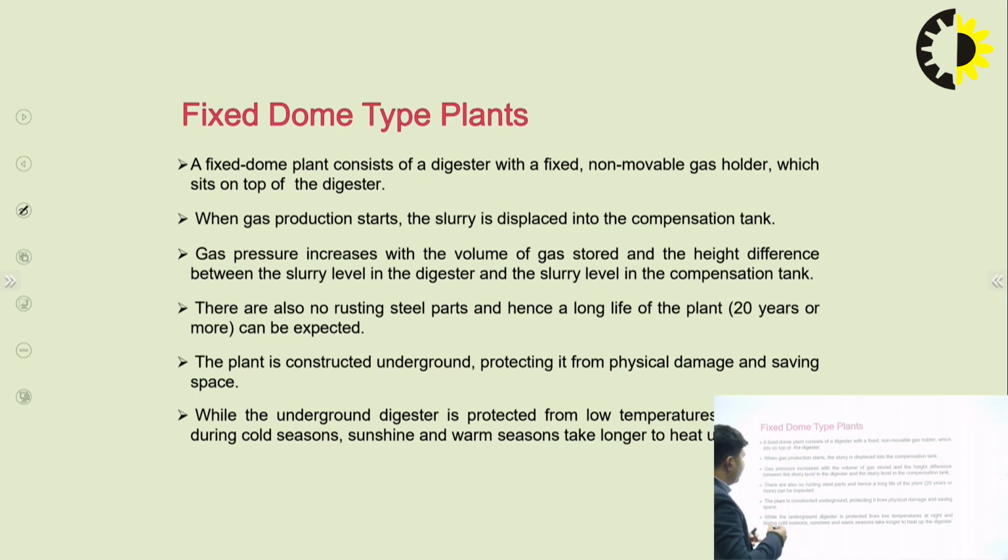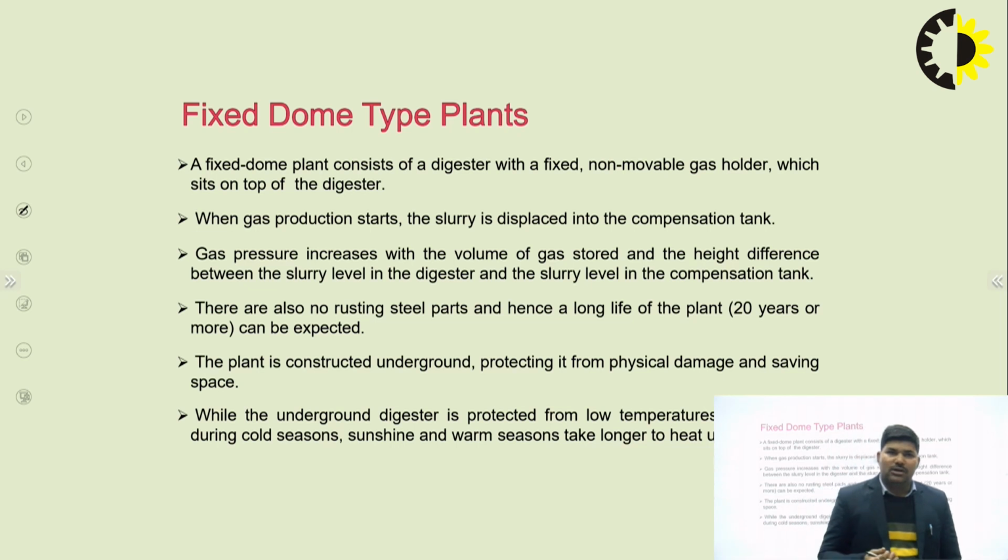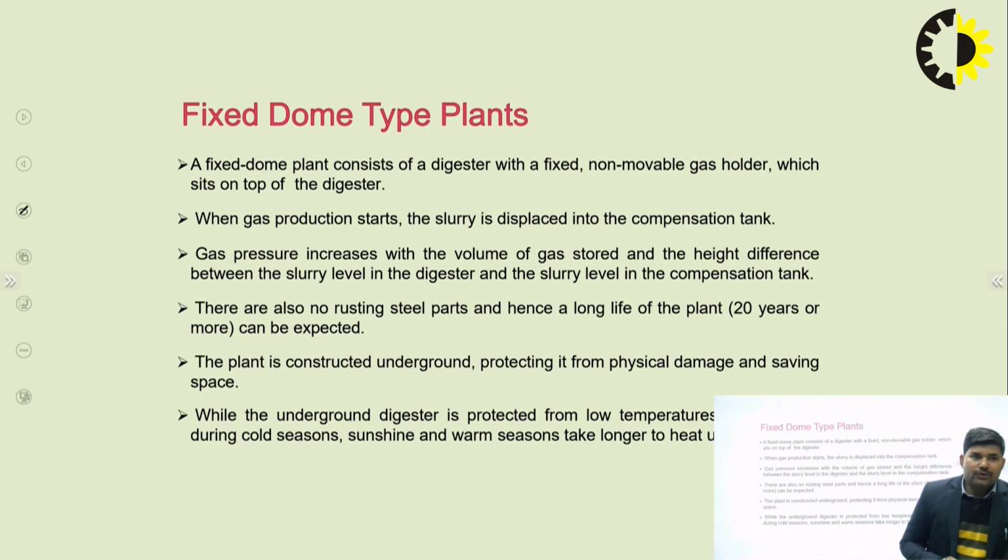Next, the fixed dome type plant. The fixed dome plant consists of a digester with a fixed, non-movable gas holder which sits on top of the digester. When gas production starts, the slurry is displaced into the compensation tank. The gas pressure increases with the volume of gas stored and the height difference between the slurry level in the digester and the slurry level in the compensation tank.